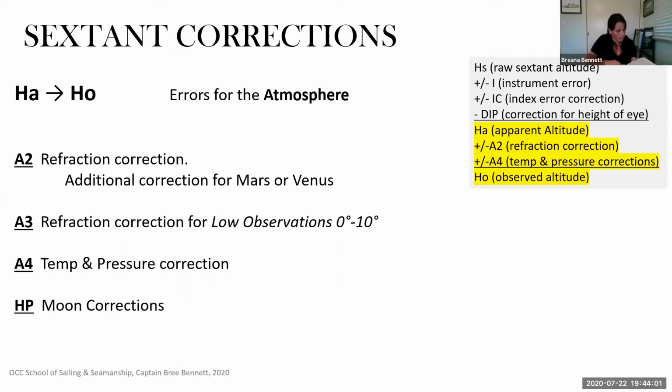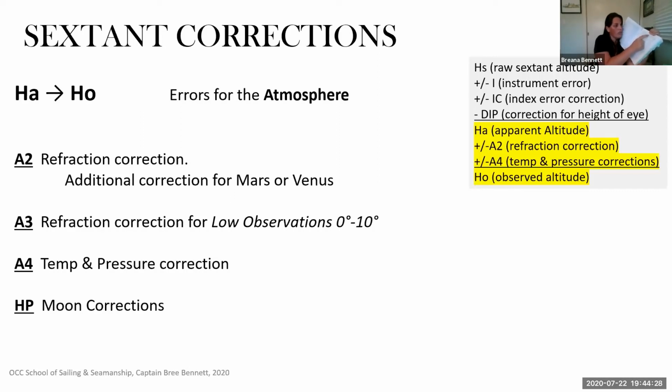But you have your apparent altitude, which is your HA that you go in with, and then you get your A2 correction, your refraction correction. So that's on the first page. If you observe the sun when it's really low, like almost setting or just rising, then you use A3.